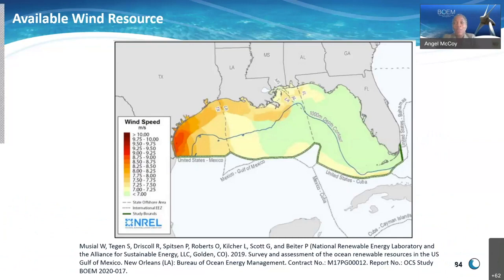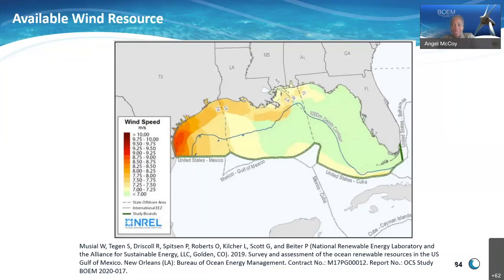So in a perfect world, we'd have a thorough network of meteorological stations to collect data at the potential wind turbine hub height. Those exist all throughout the U.S. on land. However, offshore, we rely on mostly buoys that have been deployed as part of the NOAA Data Buoy Center network.